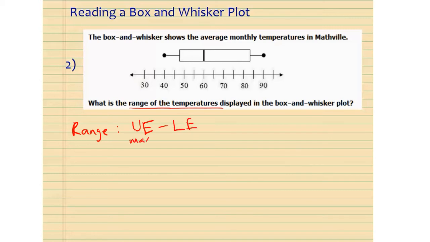This is maximum value, this is minimum value. The range in this case is going to be 90 minus 40, which is going to be 50 degrees. Now, we could have found the inner quartile range by looking at the inner quartiles as well.